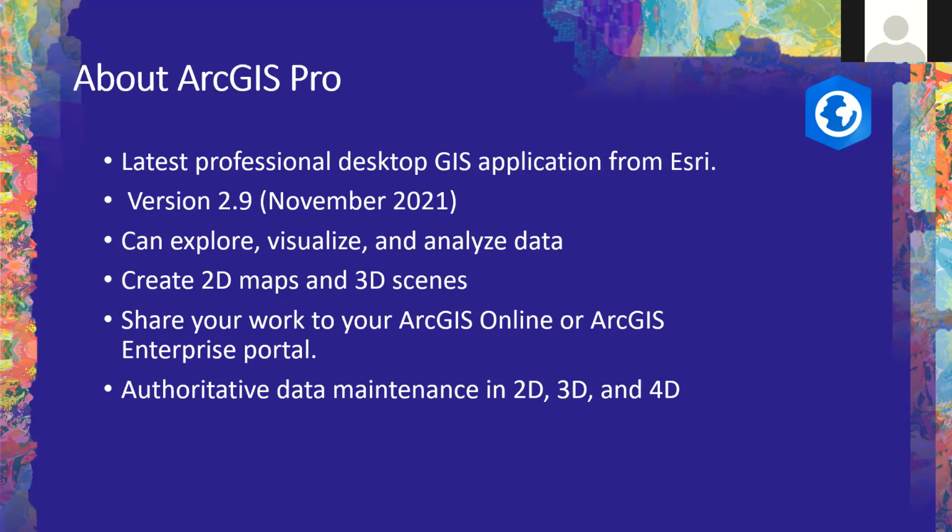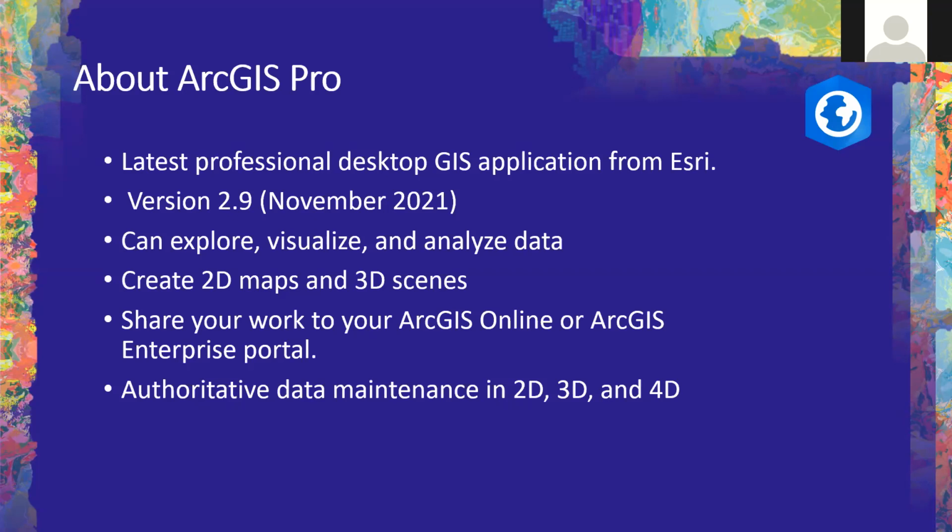It has visualizing and analyzing capabilities like any kind of GIS software. And the most important part is it has 2D and 3D scenes together. Another important feature is that whatever we create, maybe a map or 3D scene, can be published into a web environment, that is ArcGIS Online or ArcGIS Enterprise Portal, a kind of web portal.